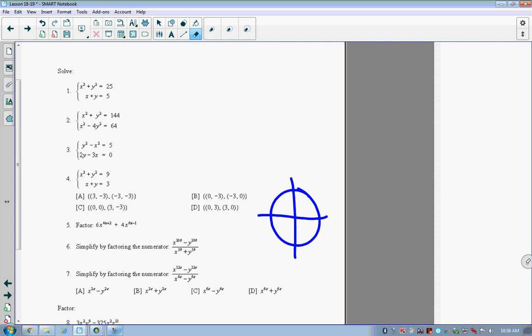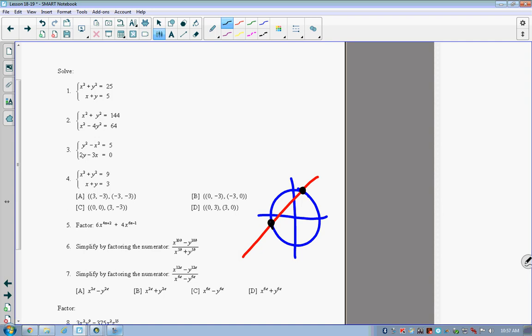If my line is passing through my circle, and I could draw any line, but unless it's a tangent line or doesn't intersect the circle at all, how many times is a line going to intersect a circle? At most, how many times? I should be looking for at most 2 solutions.